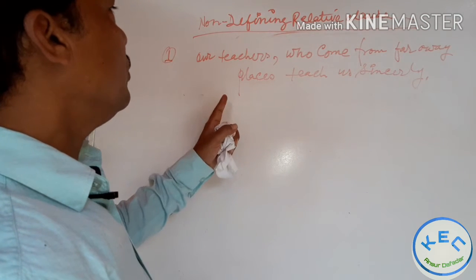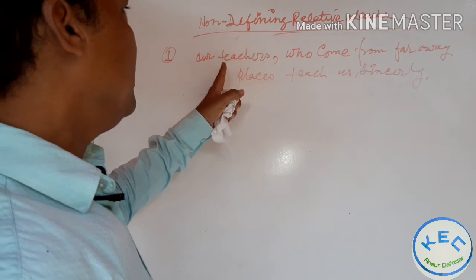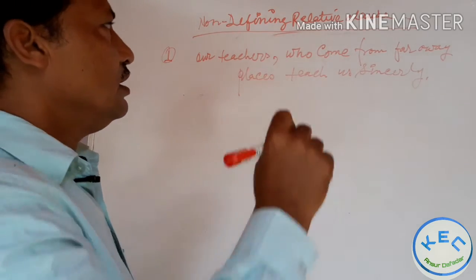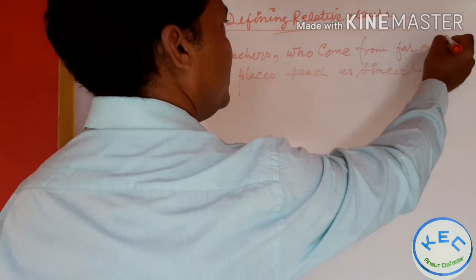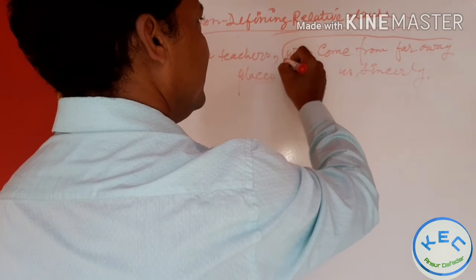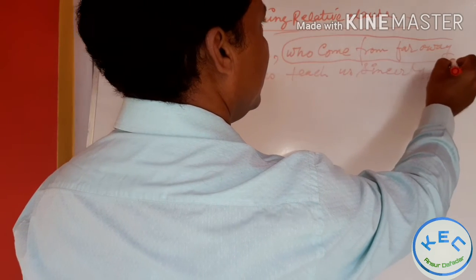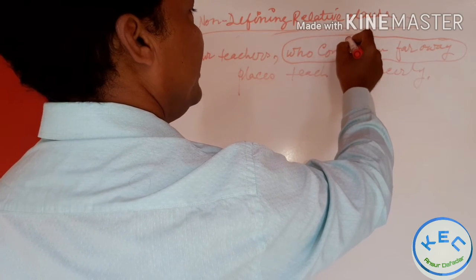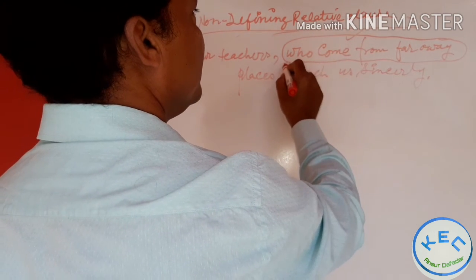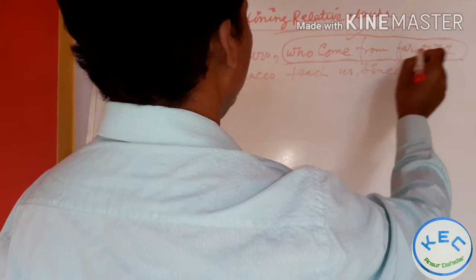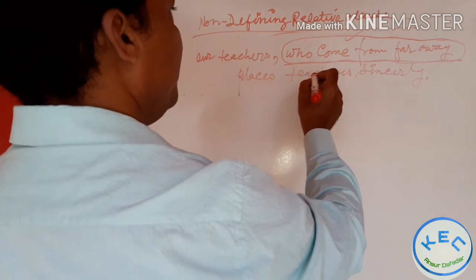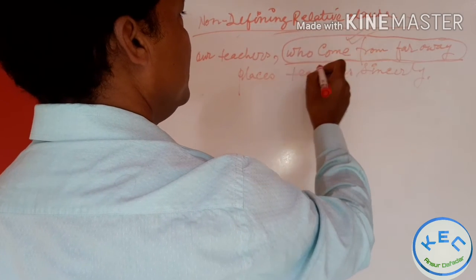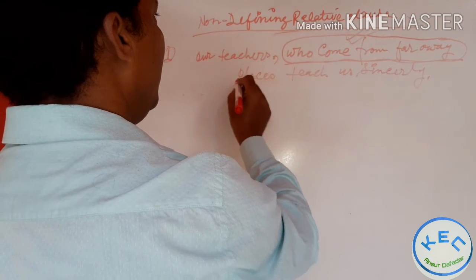In this sentence we find that there is an additional information about our teachers, and this additional quality is introduced by this relative clause, and this part is separated by this comma.